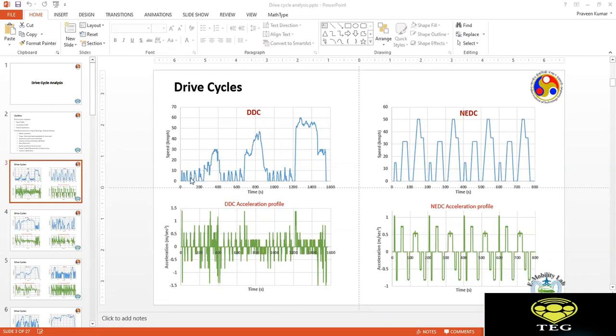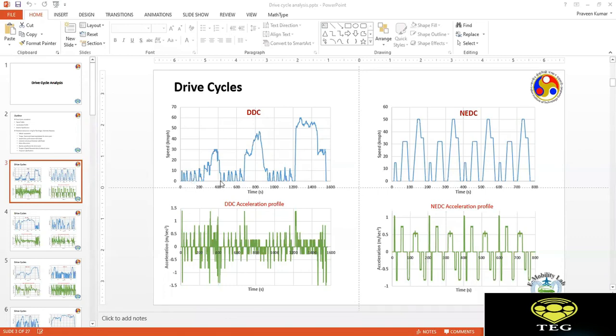And if you see the driving pattern, the Delhi drive cycle has very frequent start stops. It has lots of regions with just 10 kilometers per hour speed. Between 0 and 200 seconds, the speed mostly goes maximum up to 10 kilometers per hour, and then there are frequent stops.